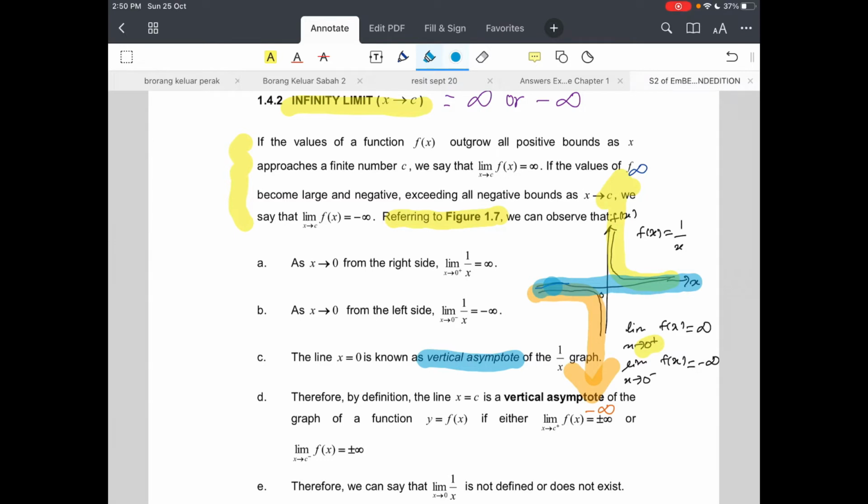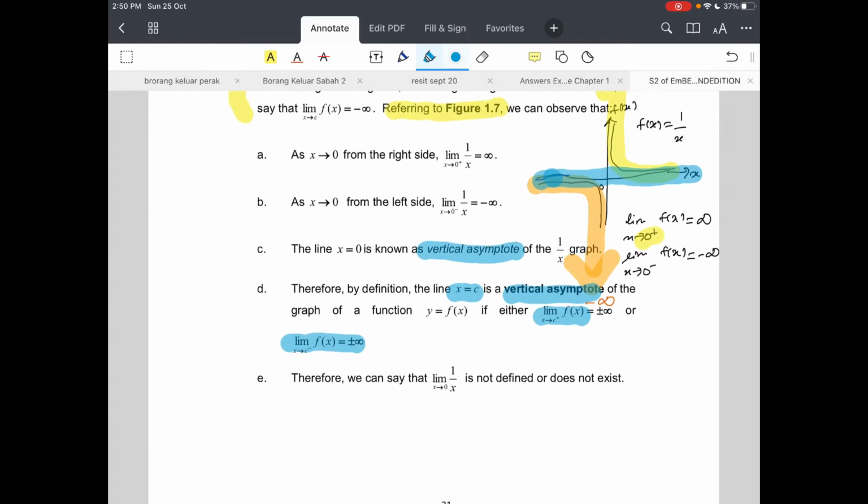By definition, any line x equals to c is a vertical asymptote of the graph of a function if either limit x approaching c from the right side is plus or minus infinity, and so does x approaching c from the left side.